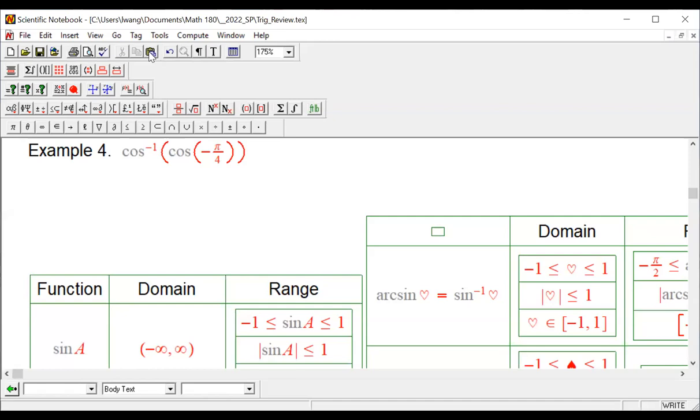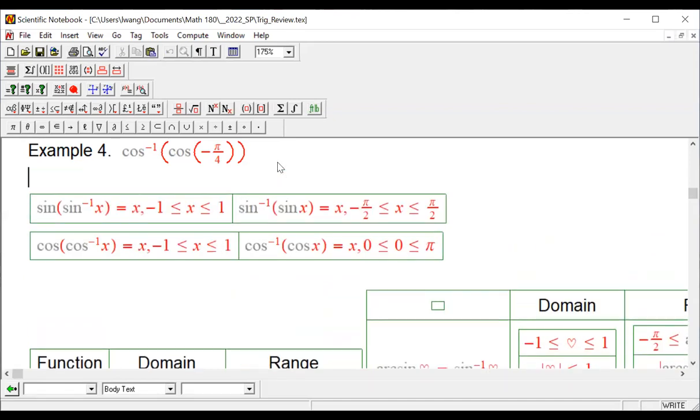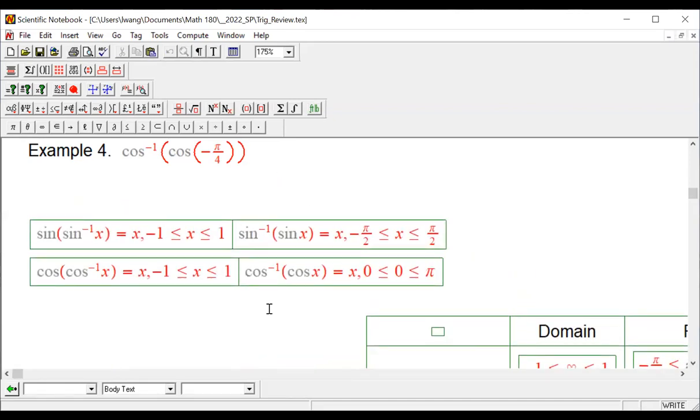And here, there are 2 shortcuts you might be thinking of. These two do not apply. And then you look at these two. Do they apply? They don't. Why? Because negative pi over 4 is not in this interval for the shortcut to apply.